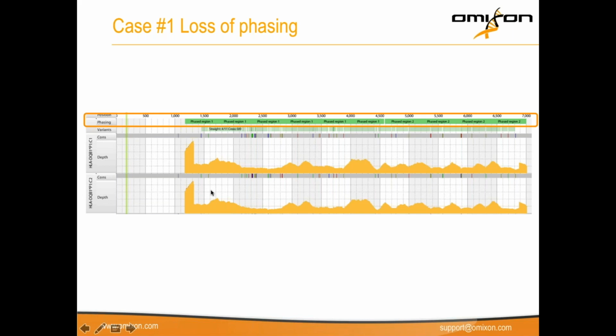We can see that there are two phased regions, phased region 1 and phased region 2. This is why HLA Twin is reporting no fully phased consensus. There is a break between the two phased regions. What does it mean that I have two phased regions?